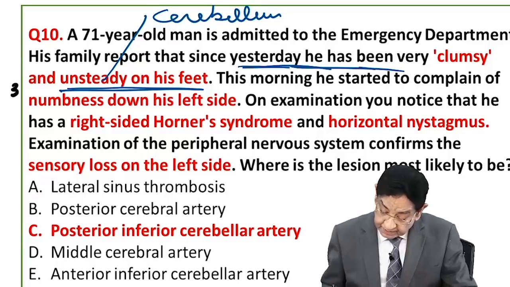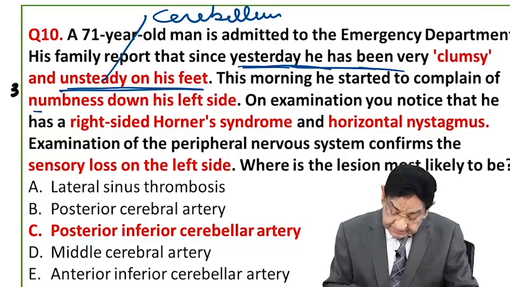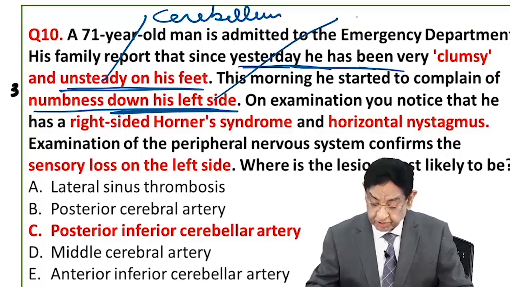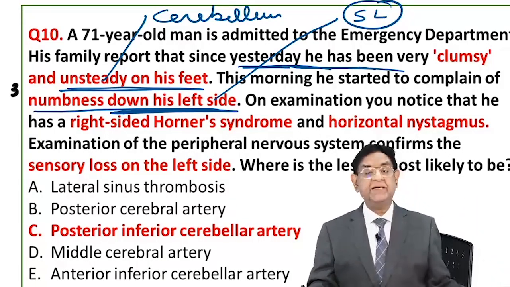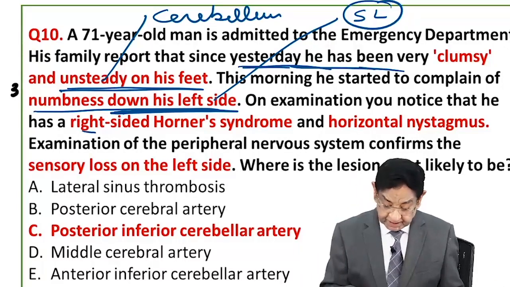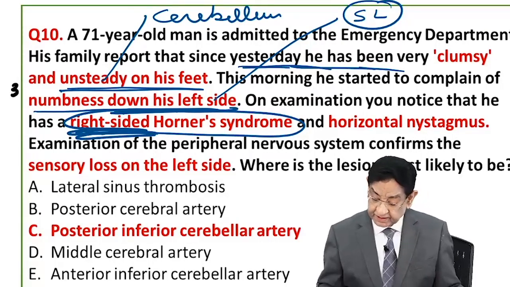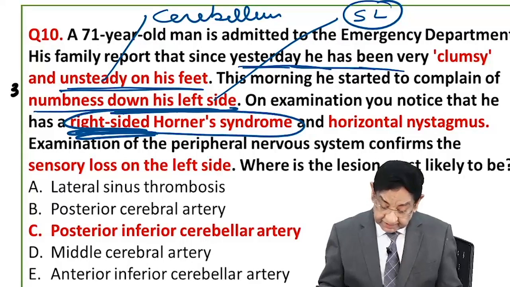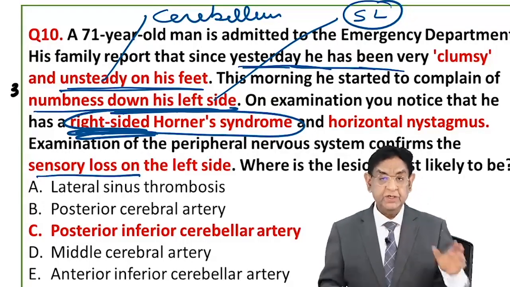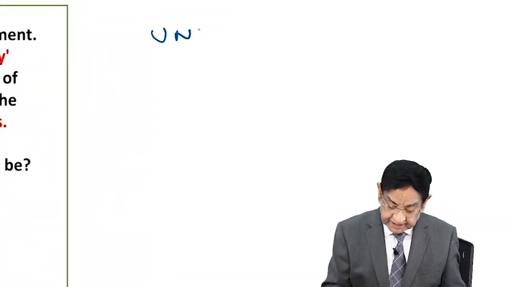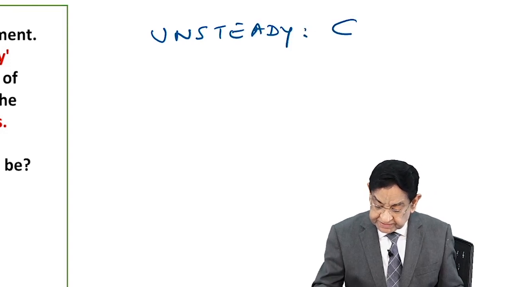And he has numbness in the left side of the body, because of spinal lemniscus involvement. So he has a left-sided sensory problem, but right-sided Horner syndrome. Sensory loss on the left side. So what we are getting is unsteadiness. He cannot stand. This indicates cerebellum involvement.